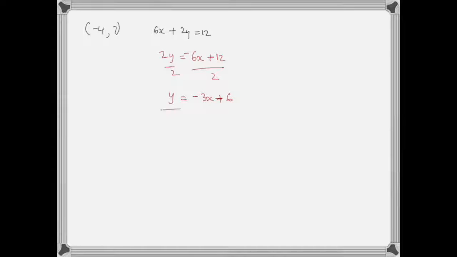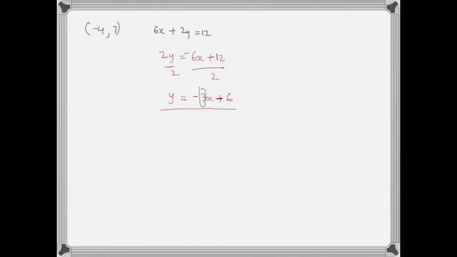So this equation is in the form y equals mx plus b, right? By looking at it, you know the slope is negative 3. So we got the slope of the given equation.